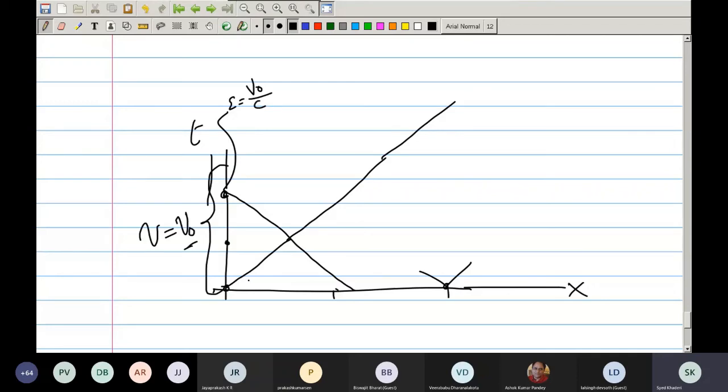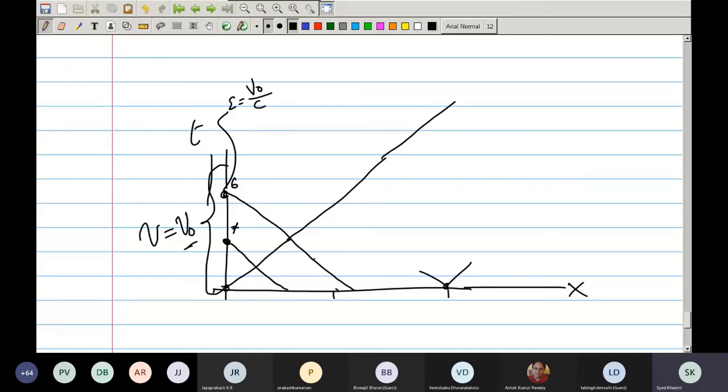Now you can ask the question, what happens to, let's say, some point here? There's no difference between this point, let's say this is point number 6 and point number 7, because the characteristic here is going to be this and this.